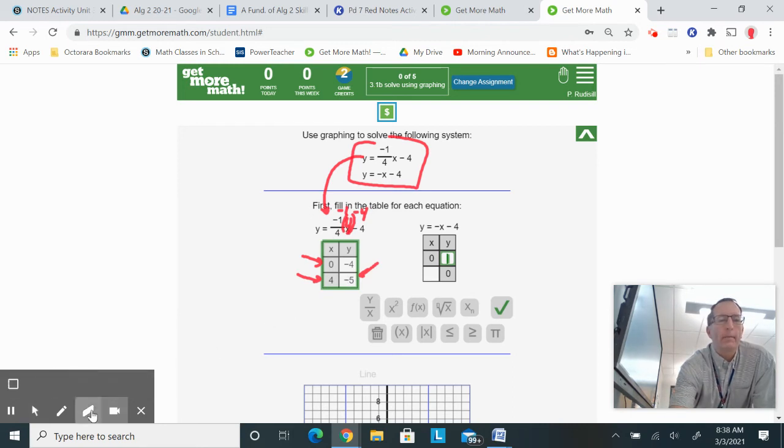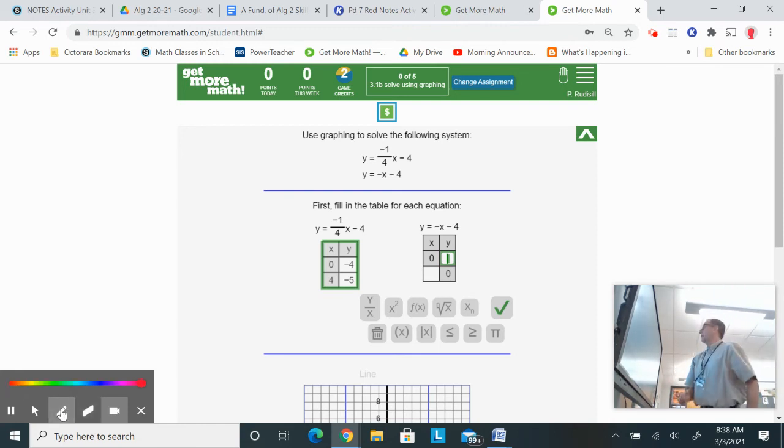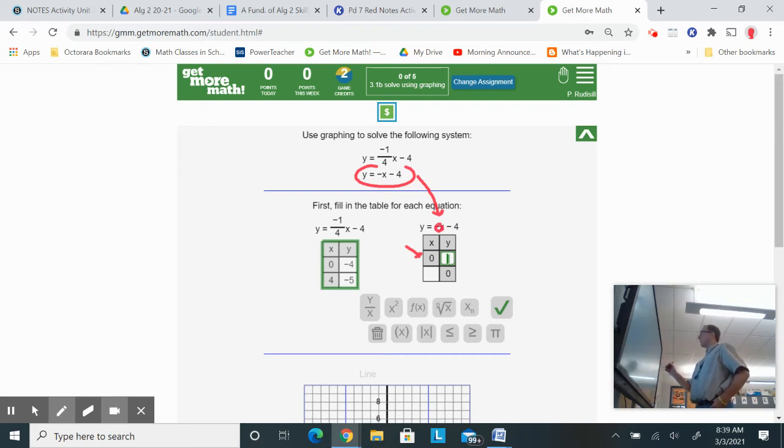So let me eliminate the work for that equation, and let's do the second equation t-chart. So here's the second equation. They told me to use 0 for x, so I put a 0 where the x is. The opposite of 0 is 0. 0 minus 4 is negative 4. So negative 4 is right there.